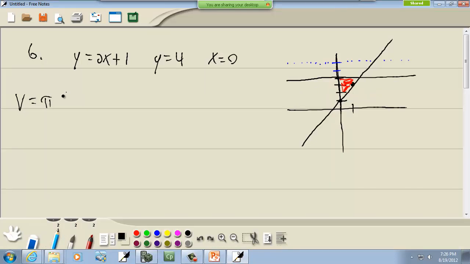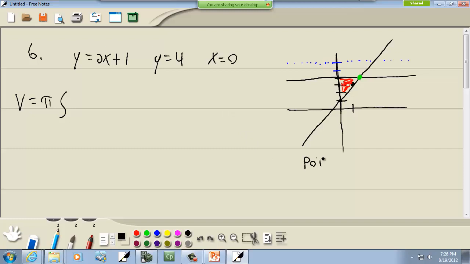So we got pi, and obviously this is going from 0 to something. This something right here is the intersection of y is equal to 4 and y is equal to 2x plus 1.